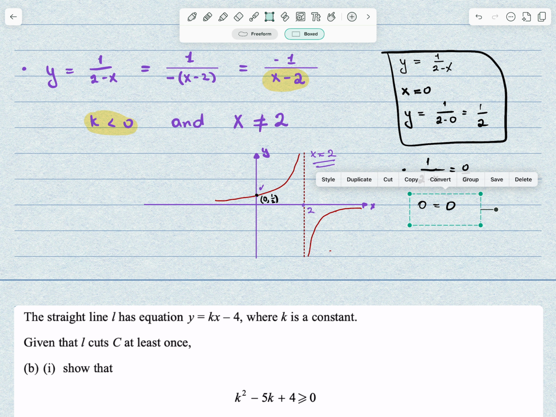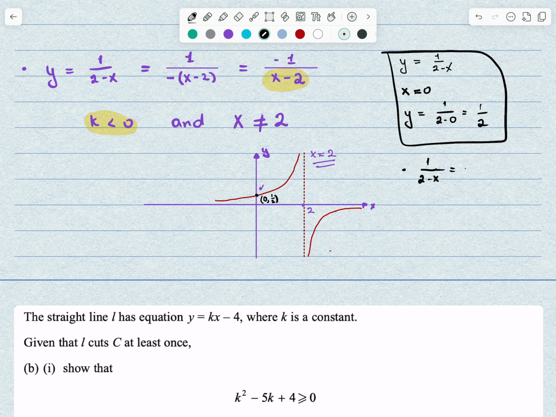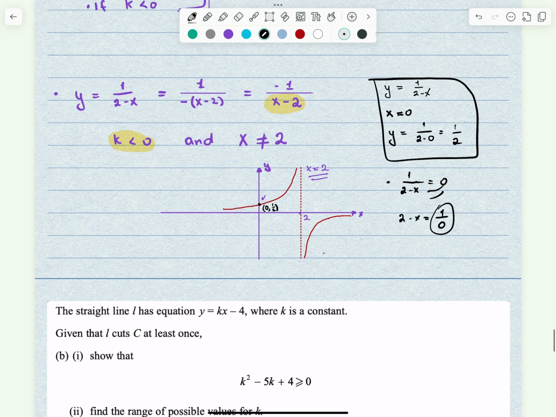Or if you don't really cross multiply, if you think of it as 0 over here, and then you basically want to write it as 2 minus x equals 0, you just interchange this as 1 divided by 0, where 1 divided by 0 is undefined. That means 2 minus x is undefined. There's no x intersection. You can just conclude with that. Okay, there's no x intersection.